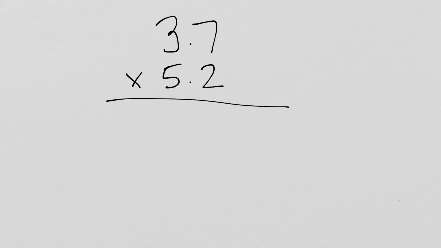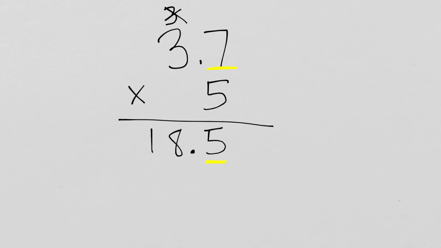This time we have 3.7 times 5.2. So I've got two decimals being multiplied together. I'm going to treat it like it's 37 times 52. So I'm going to ignore the decimal point. I don't line up the decimal point necessarily. It just happened to line up this time. This time it didn't, obviously, because the decimal point actually goes there.